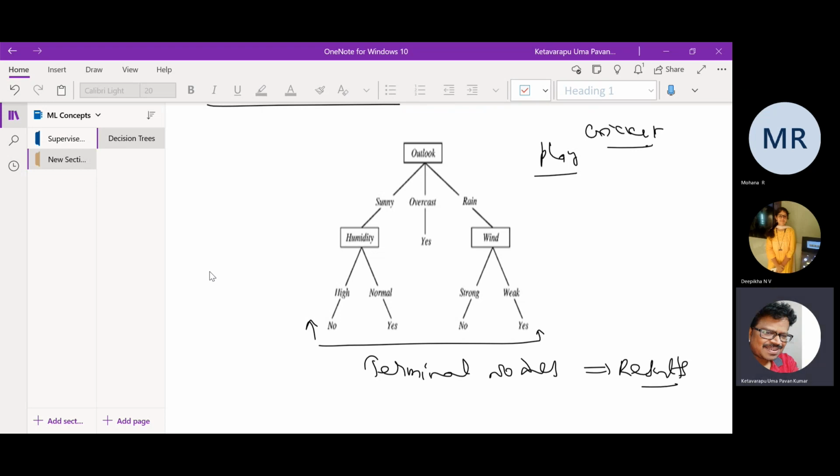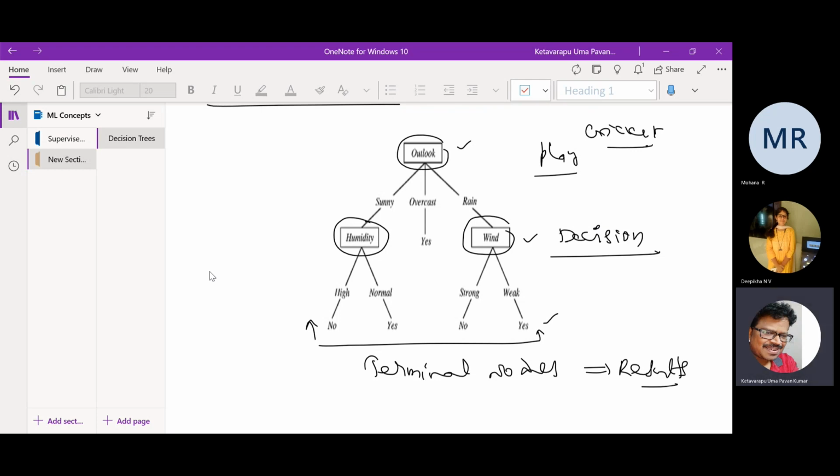And the remaining nodes we can call the decision nodes. These nodes have some kind of condition, and based on that condition we get the results. So let us understand this example.